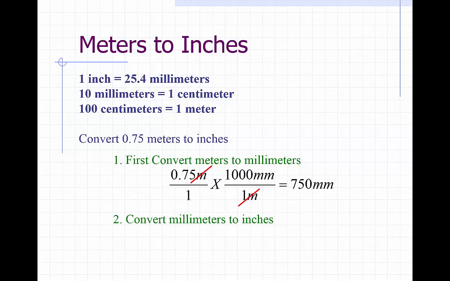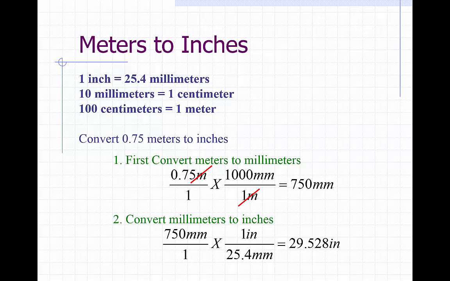Now we're going to convert the millimeters to inches. 750 millimeters over 1 times 1 inch over 25.4 millimeters. The millimeters cancel out, so we have 750 divided by 25.4, which is 29.528 inches.